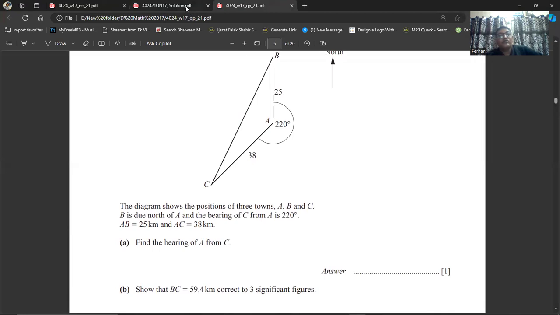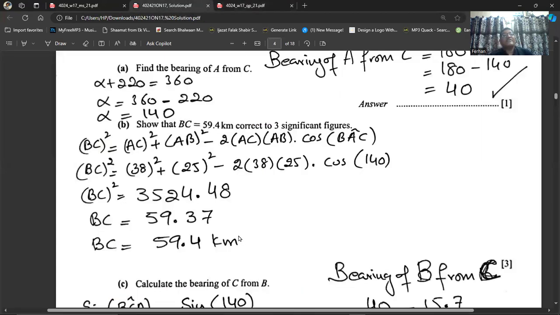So I'm going to use the cosine rule. BC squared equals AC squared plus AB squared minus 2 times AC times AB times cos of the angle BAC. So BC squared equals 38 squared plus 25 squared minus 2 times 38 times 25 times cos of 140.